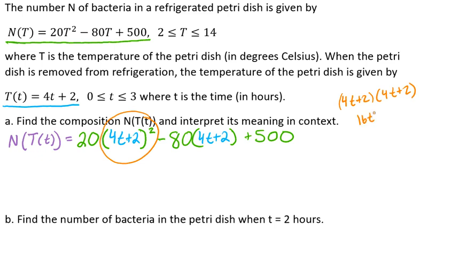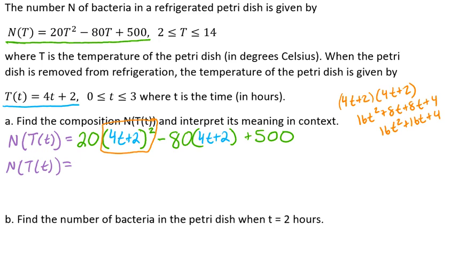So here I have 16t² + 8t + 8t + 4, so 16t² + 16t + 4. I'm going to put that right there. Now we have N(t) equals 20 times our (16t² + 16t + 4) minus, we're going to distribute that negative 80.